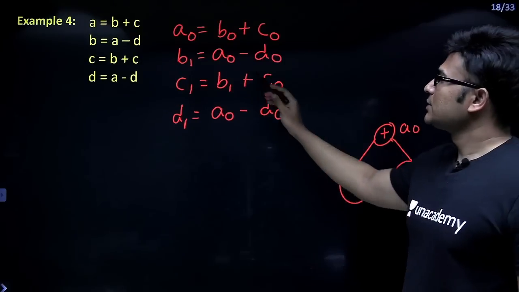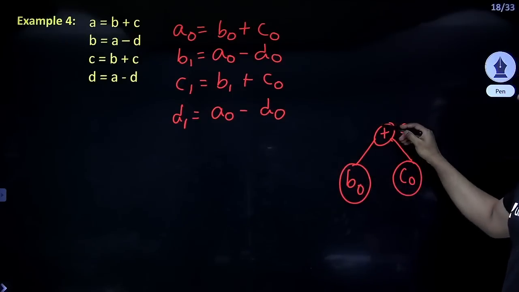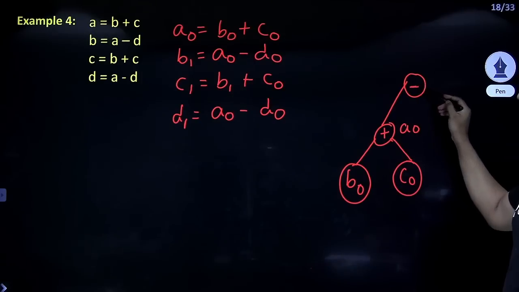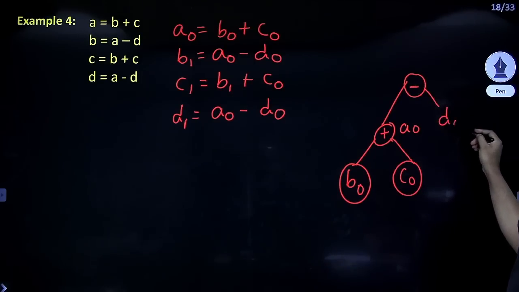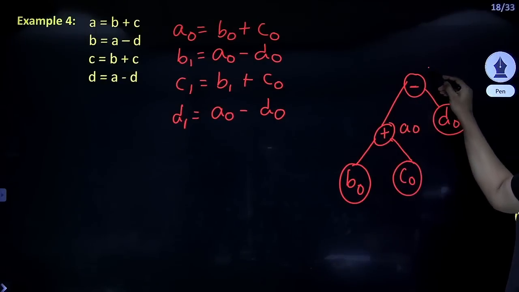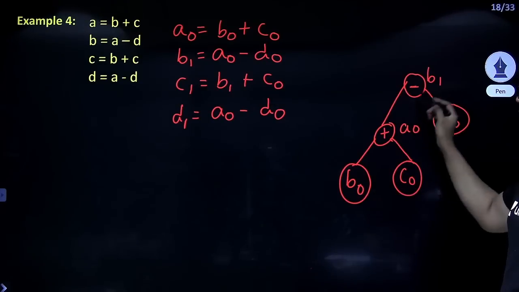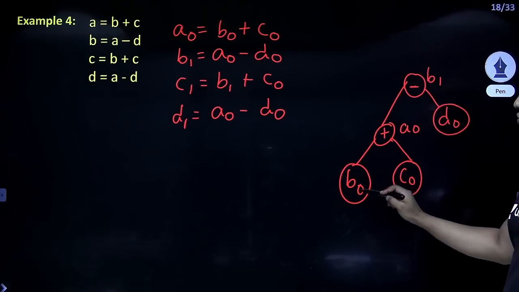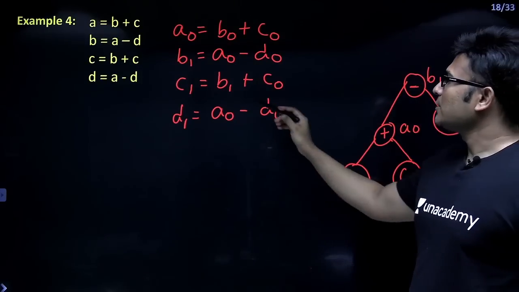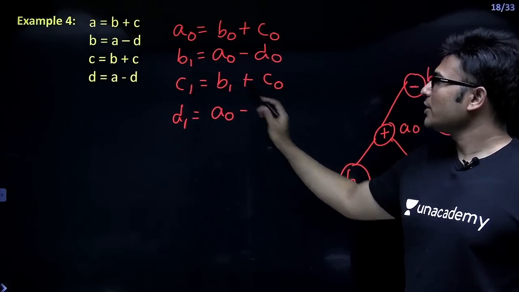And the next one is A naught minus D, which means A naught minus D naught. This value is actually equal to B1. So I'm writing B1 here. So this node is different from this node. This node is B naught and this node is B1. Okay. And then C1 is created by using C naught and B1.